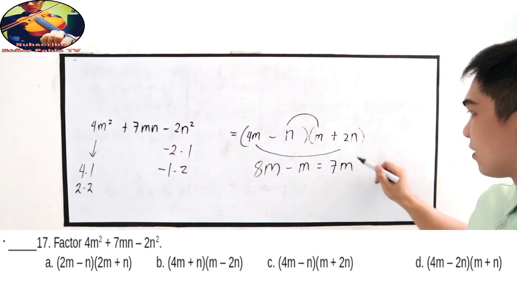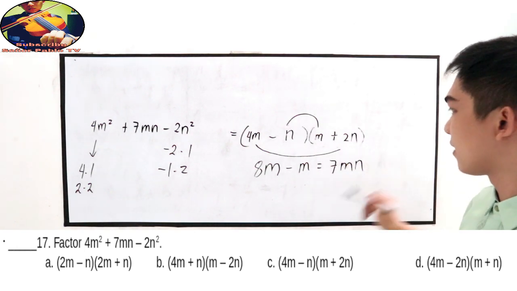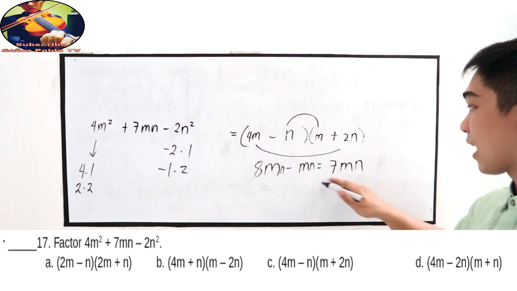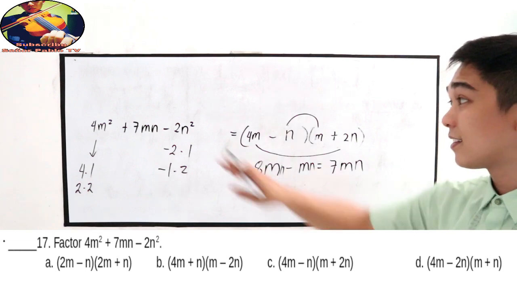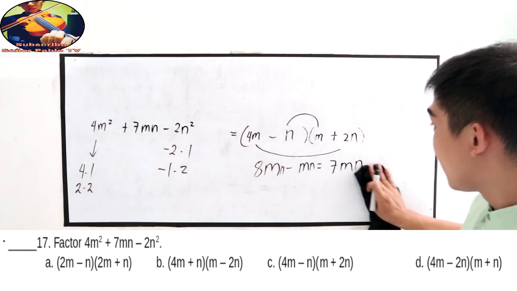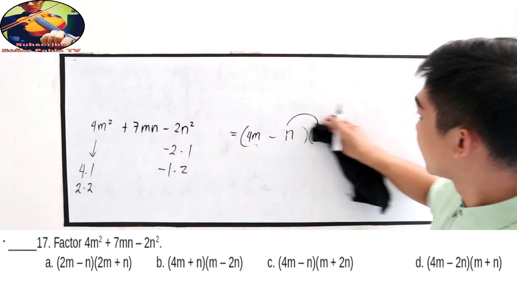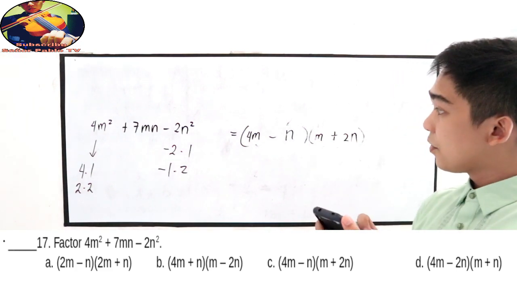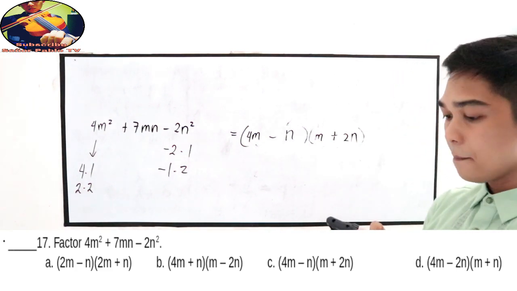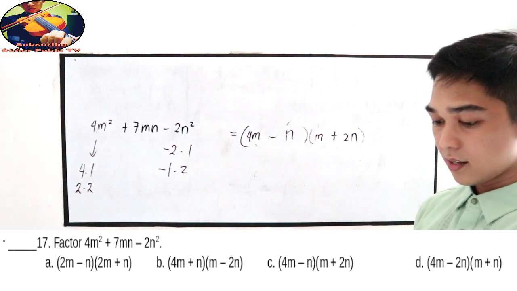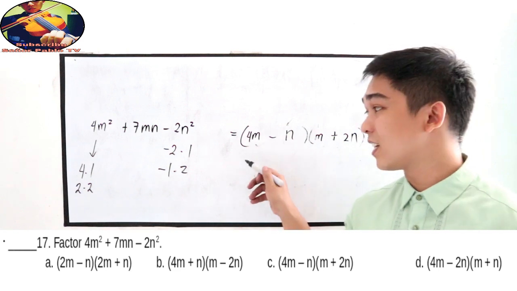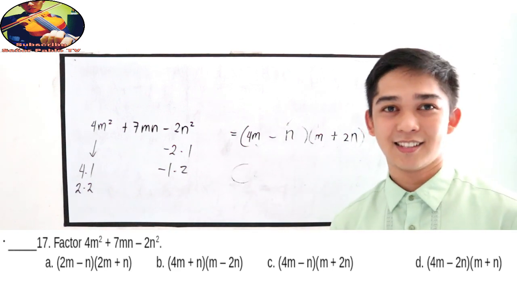So, parehas na siya ngayon. mn. So, 7mn. Tama? So, tama siya. So, anong letter yan? Number 17 ay 4m minus n, m plus 2n. 17 is letter C, as in cat.